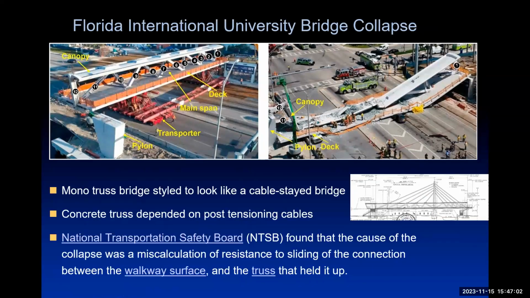The NTSB found that the cause of the collapse was a miscalculation of resistance of sliding of the connection between the walkway surface and the truss that held it up. So once that has gone, then we've lost the stability of the entire structure, and that's the failure that occurred.